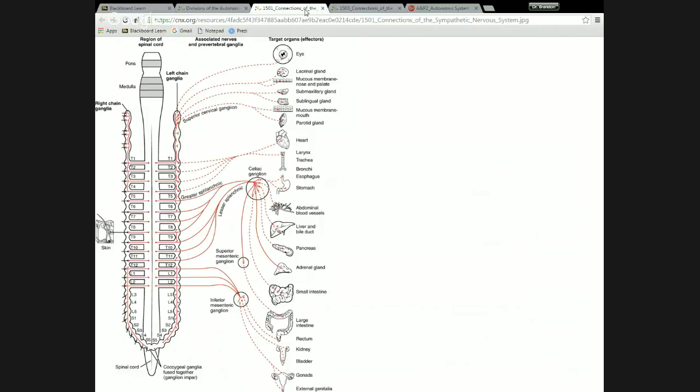And then these two are the mesenteric ganglia, the superior mesenteric and the inferior mesenteric. The word mesentery refers to the membrane that connects the digestive organs in the abdominal cavity to the wall of the abdominal cavity. So as a term, it kind of just means guts, as far as where those ganglia are located.